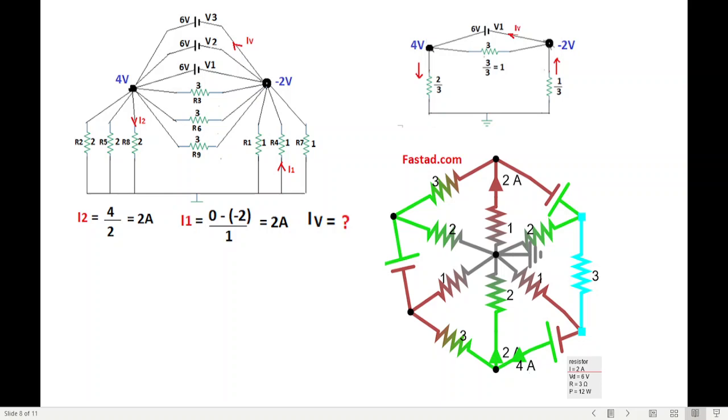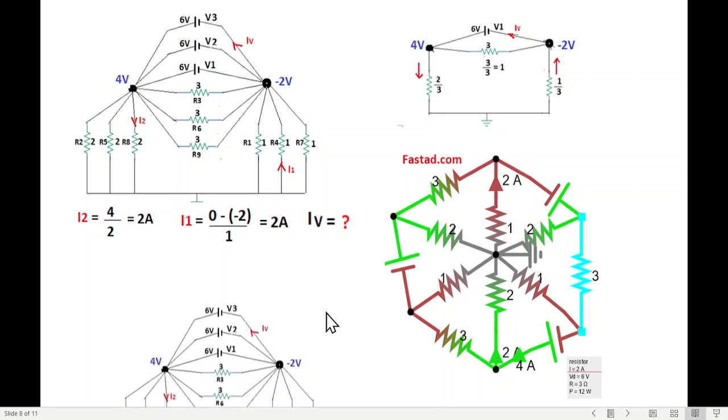So this was a help that the battery current has to be 4 ampere. Also I checked all the resistances, and across the 3 ohm resistance we also get 2 ampere. So we have 2 ampere current in these, 2 ampere current in these, and also 2 ampere current flowing through these.